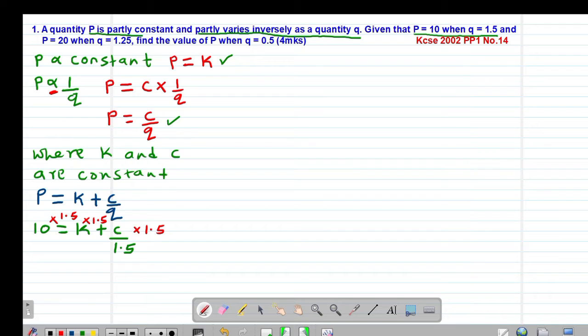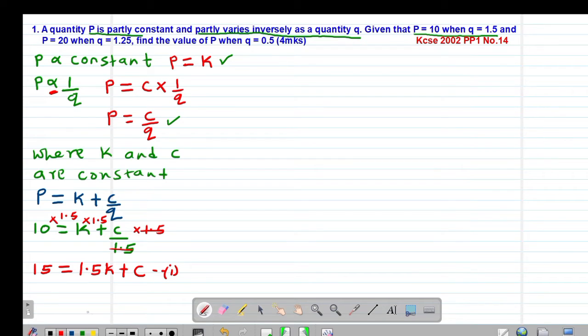Now, if you take 10 multiplied by 1.5, you're going to get positive 15. So this will give me 15 being equal to 1.5 times K, which is 1.5K, plus 1.5 and 1.5 will cancel out, so that I remain with C. So this will be my first equation, equation Roman 1.